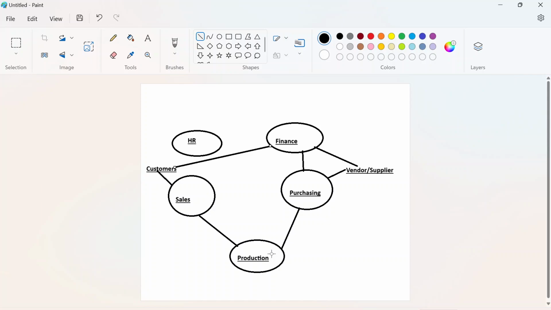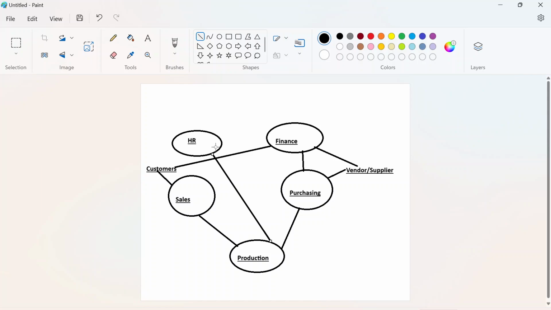They need to communicate with the HR department to hire additional resources, right? They need to hire resources with specific skills who can manufacture these products. Now, the production department has to update the additional workforce demand to the HR department. Hey, we need additional resources to fulfill our additional order or additional demand.